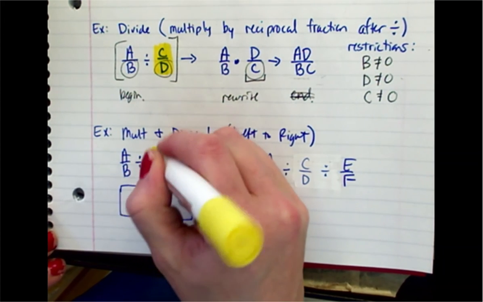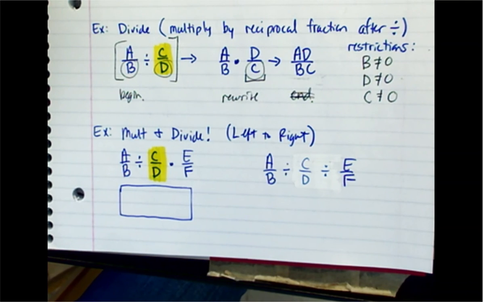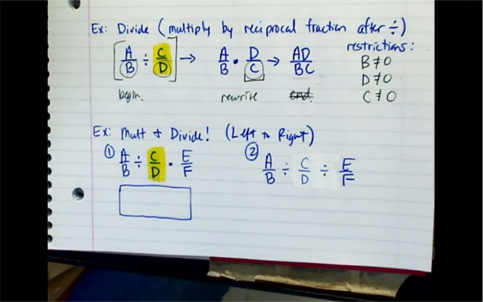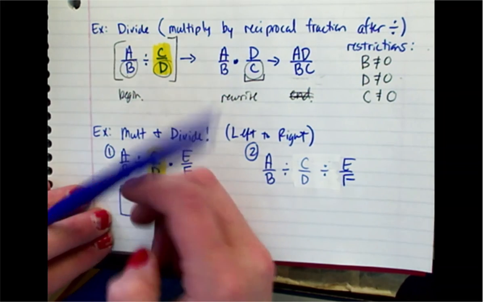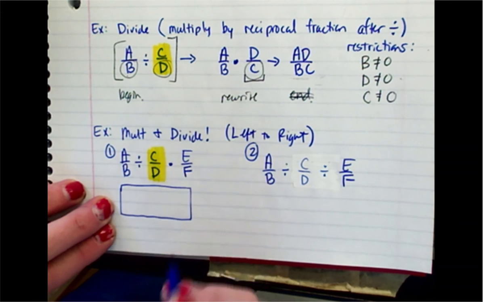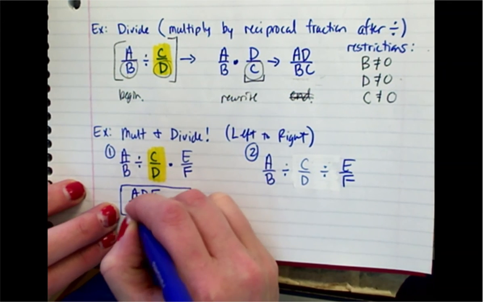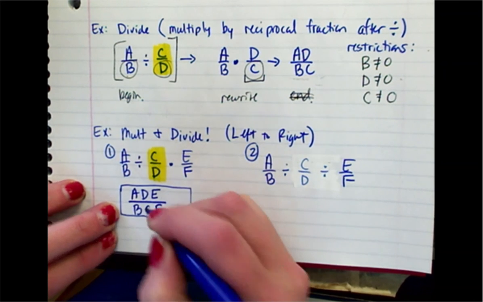Where do we write the restrictions? Right below it. But if you made it F over E and you threw a division sign there, it's the same thing, right? So this is the only one that's going to flip: A, D, E over B, C, F.